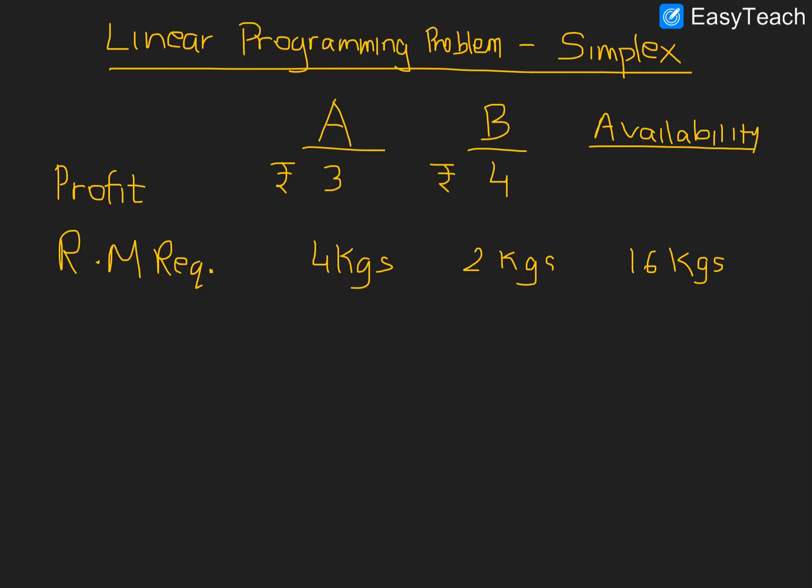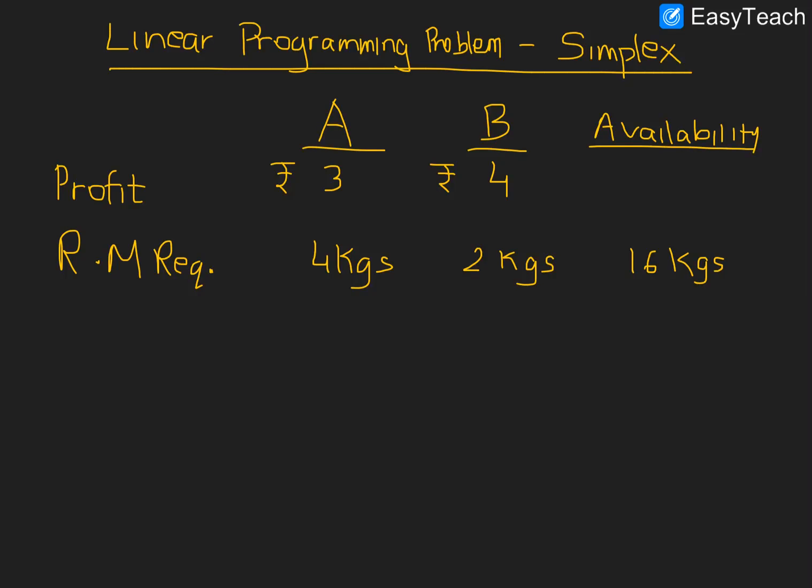Now this is something problematic, and that gives rise to some constraints, and that stops me from earning maximum profits or unlimited profits, because I've got only 16 kgs of material. So now if I ask you which of these two would you produce, A or B, just think for a bit.